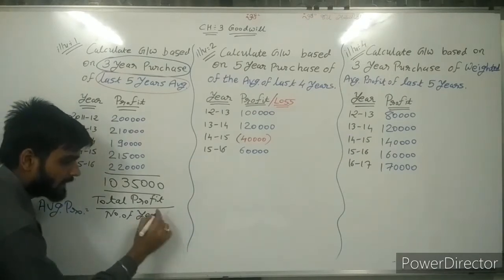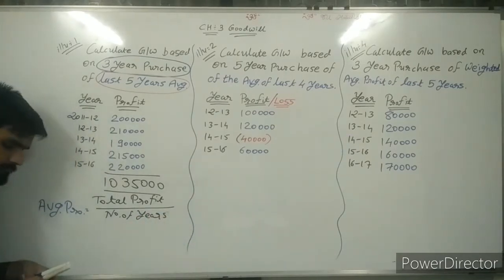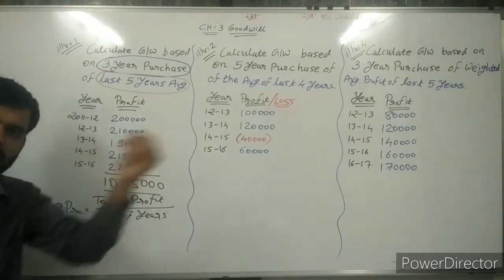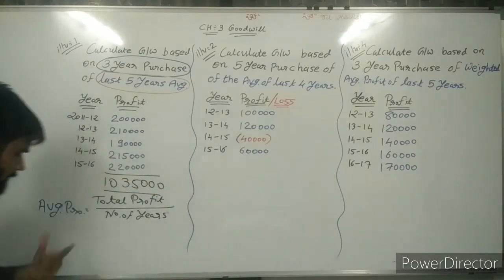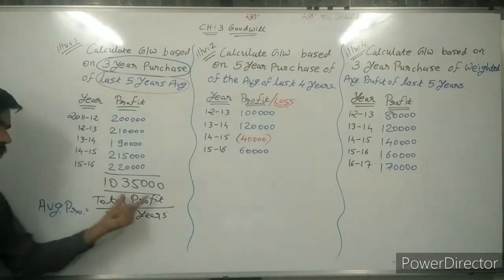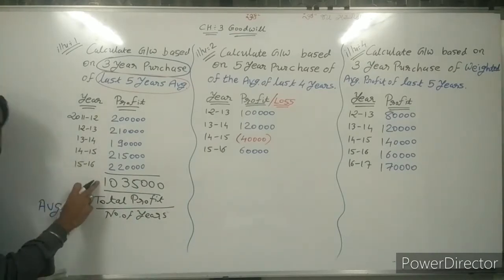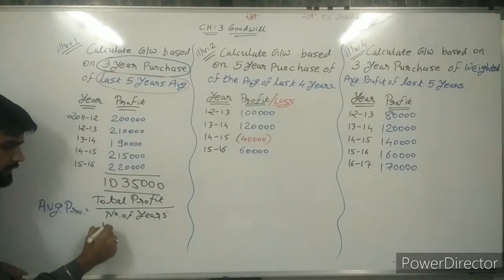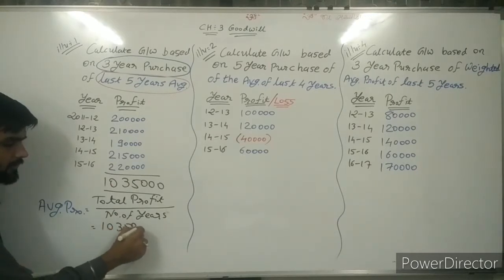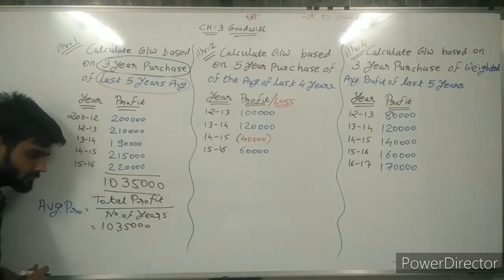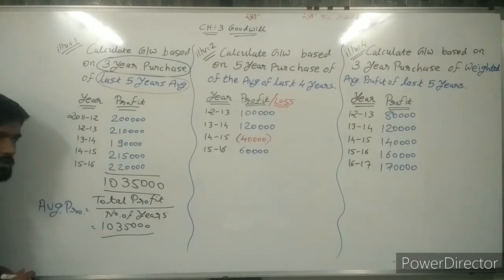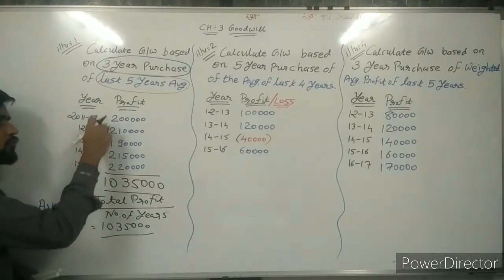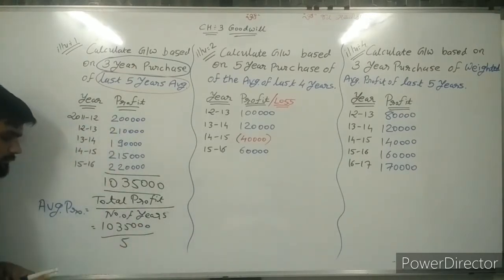That becomes the formula. So you have to write it to get full marks. So average profit is equal to total profit divided by number of years. So total profit is 10,35,000 divided by number of years: 1, 2, 3, 4, 5. So number of years is 5.